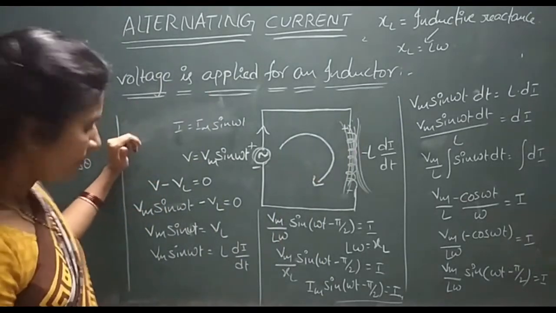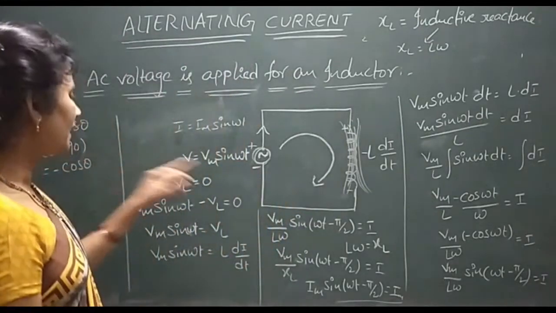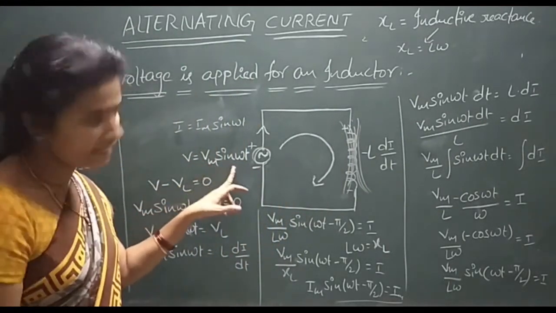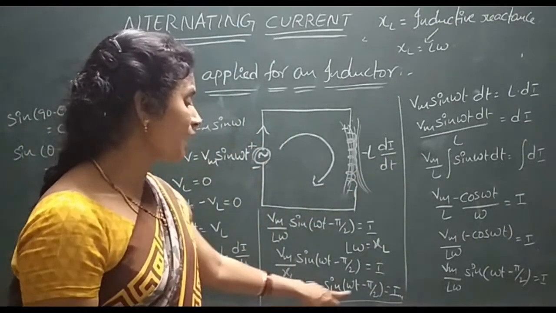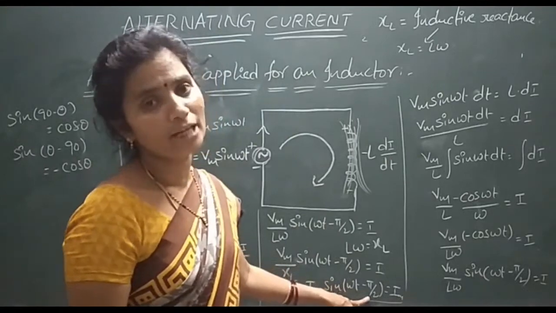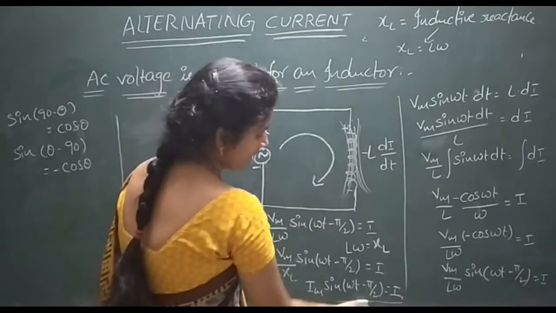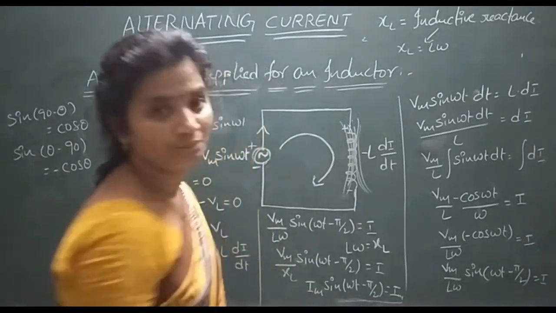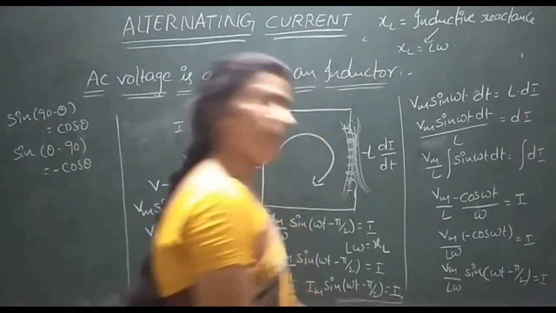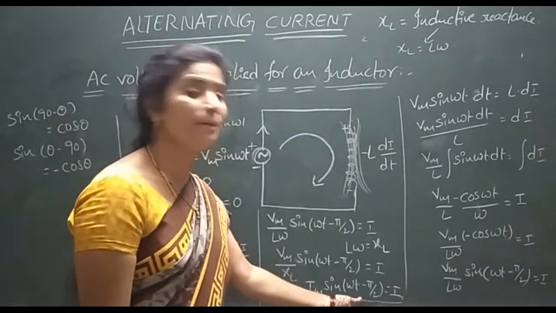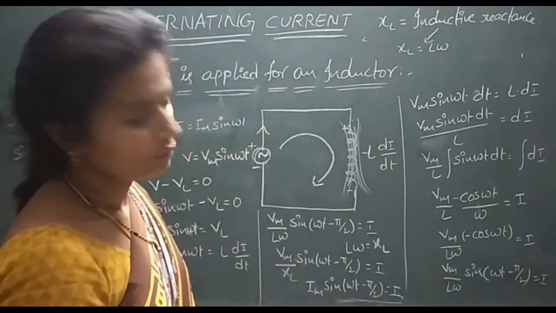But in case of an inductor, the voltage is Vm sin omega t and the current is Im sin omega t minus pi by 2. Minus pi by 2 means the current lags, by a phase of pi by 2 radians.